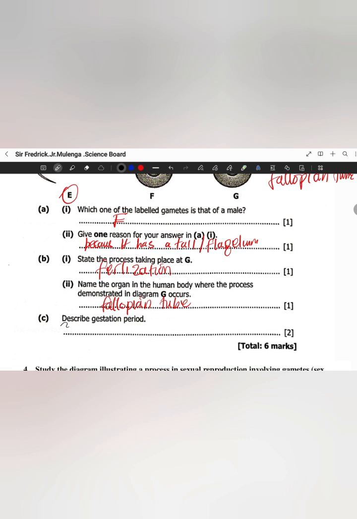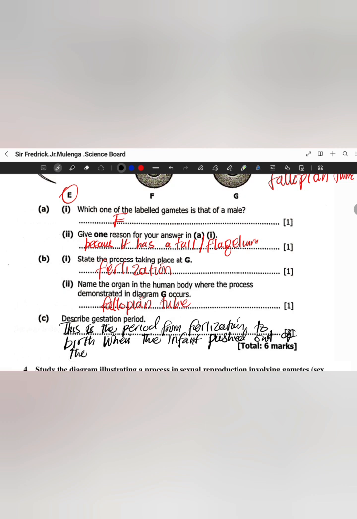You say, this is the period from fertilization to birth, when the infant is pushed out of the woman's womb.